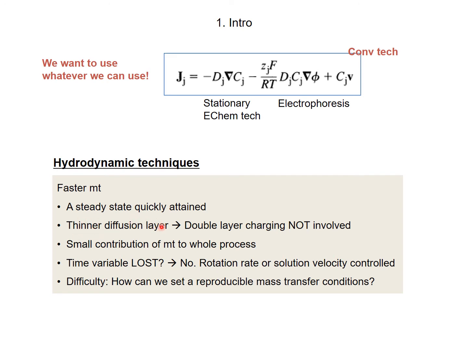So we could suppress double layer charging. Double layer charging is not involved or less involved in the whole process. So we could focus on the Faradaic reaction rather than the non-Faradaic reactions.